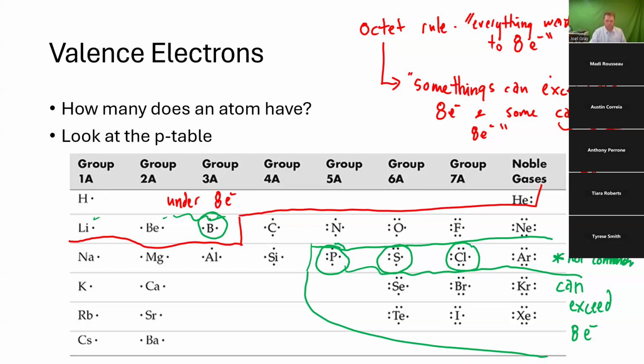Okay, so now what we're going to go through is the deliberate and, I hope, clear steps on what you do whenever you're confronted with a formula.